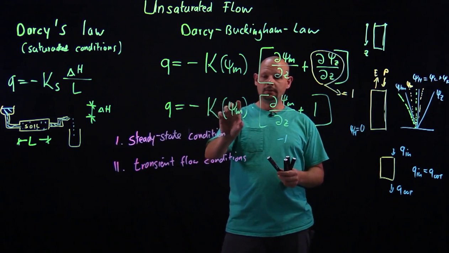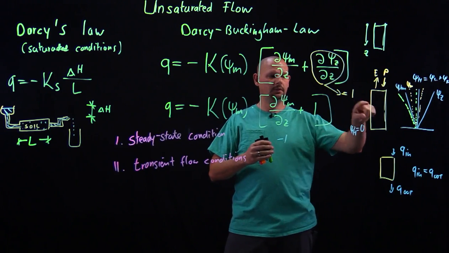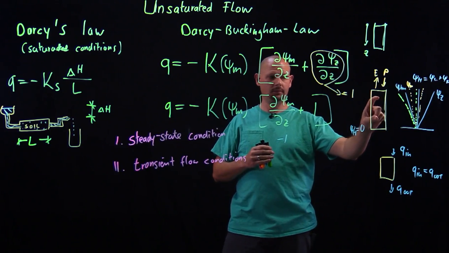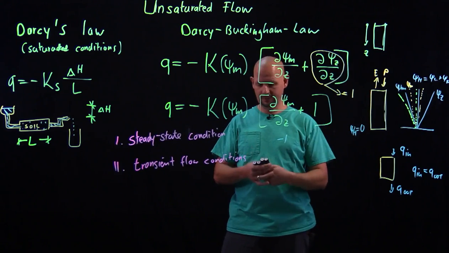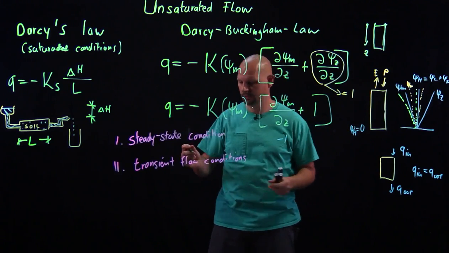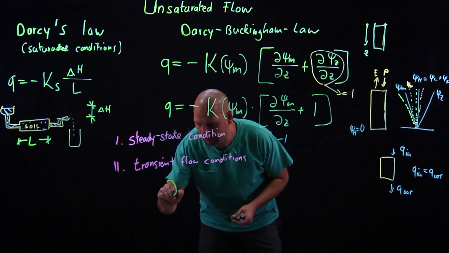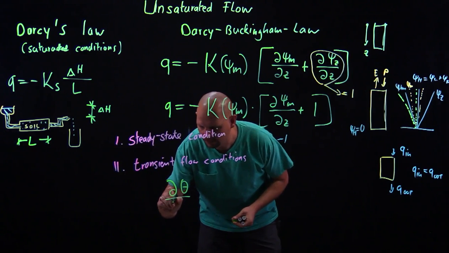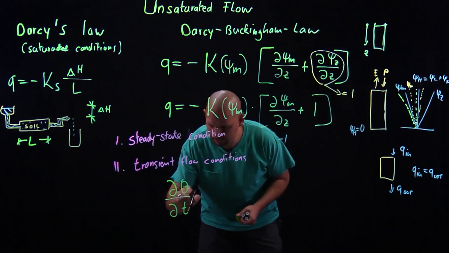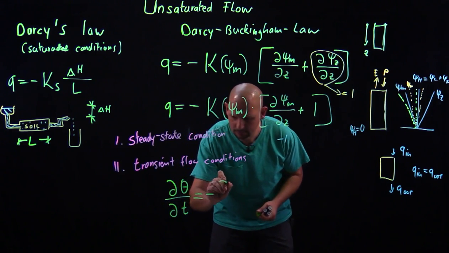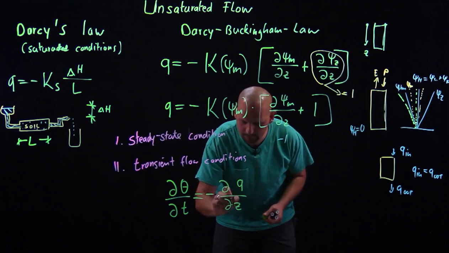And it makes this relationship here more complicated, because now we have to address the water that is actually in the column. So precipitation that we add would also add to the storage of water in the column. And to describe this, we use a form of the continuity equation, and that is the derivative of the volumetric water content with respect to time equals the derivative of flow with respect to space.